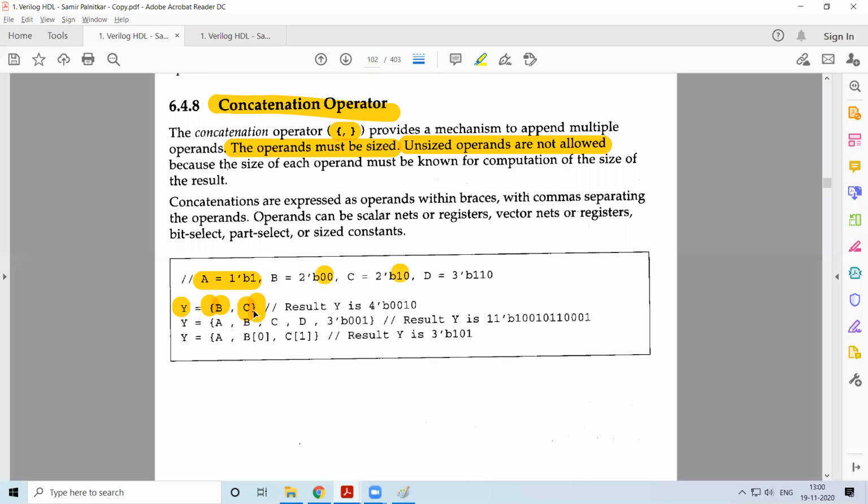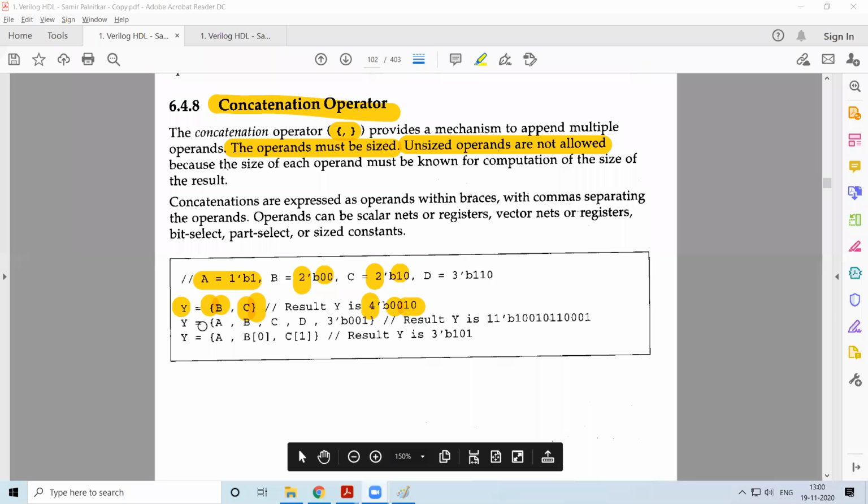You are not specifying how many bits, so by default it will take all the bits, and these are sized numbers, so it will not pose any problem. So it is 0 0 and 1 0 is the result. And what is the size of this one? It is 4 bits. So here we can see that B and C are being concatenated and the size is 4 bits.